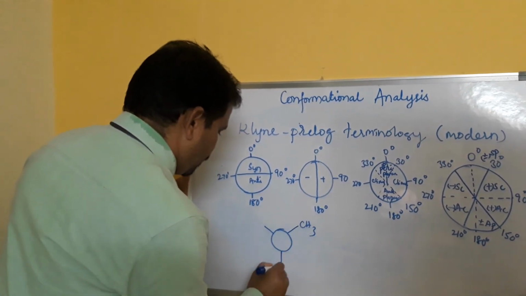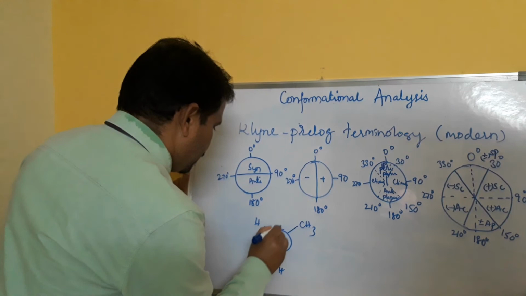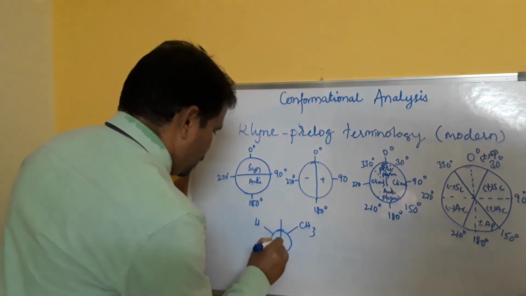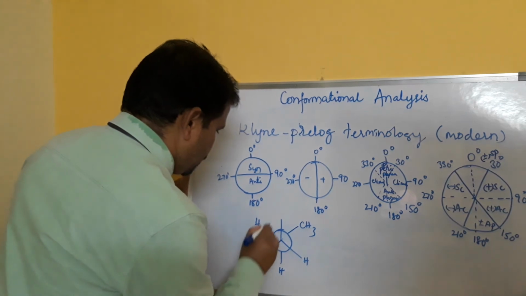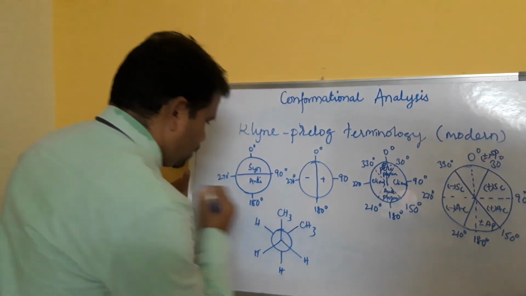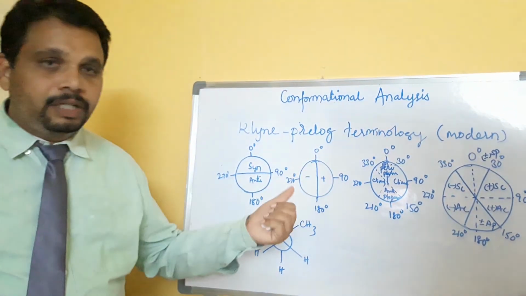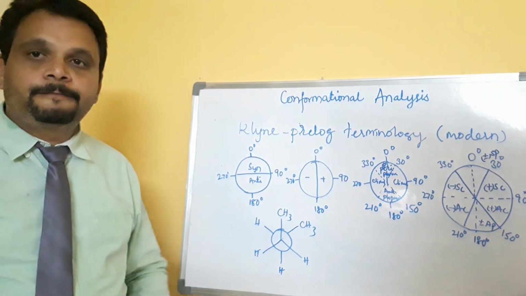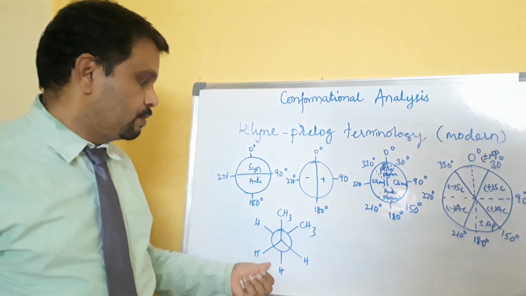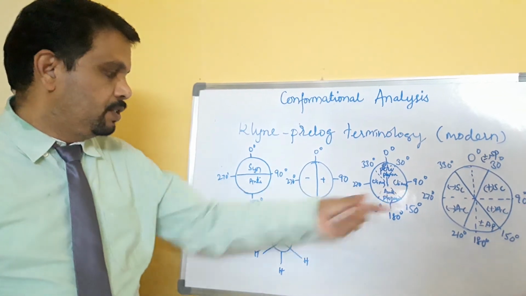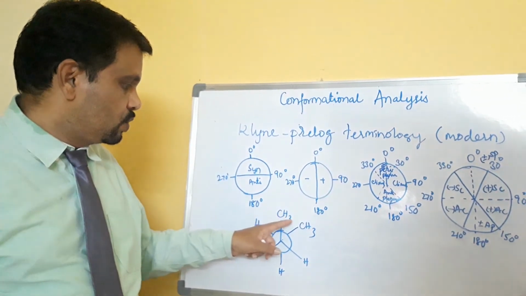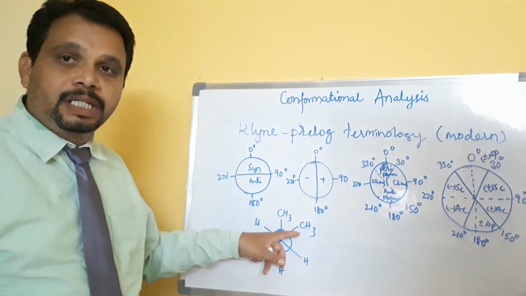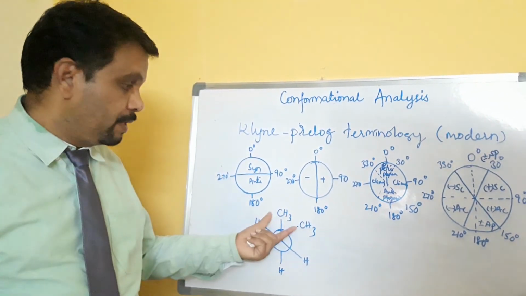CH3, hydrogen, n-butane. Okay. Hydrogen and hydrogen, CH3. So according to this terminology, how can we identify which it comes under? Okay. So here these two are the top priority groups, right?